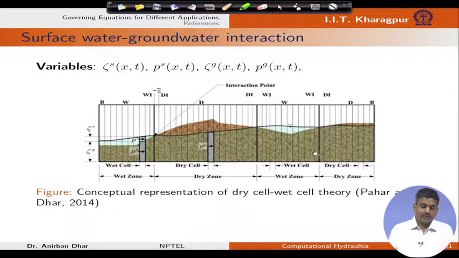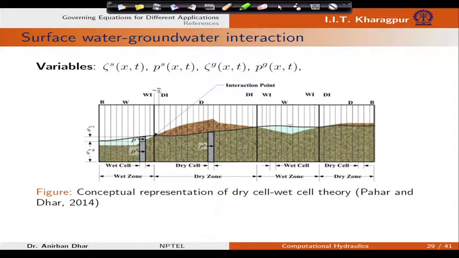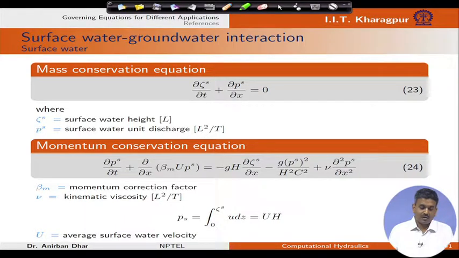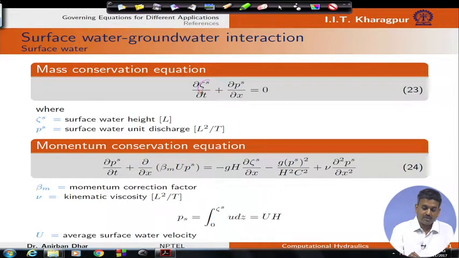Now, if we consider the surface water groundwater equation, and in the depth average sense, if you want to use those equations, we can write this mass conservation equation for surface water height, that is represented in terms of this equation.